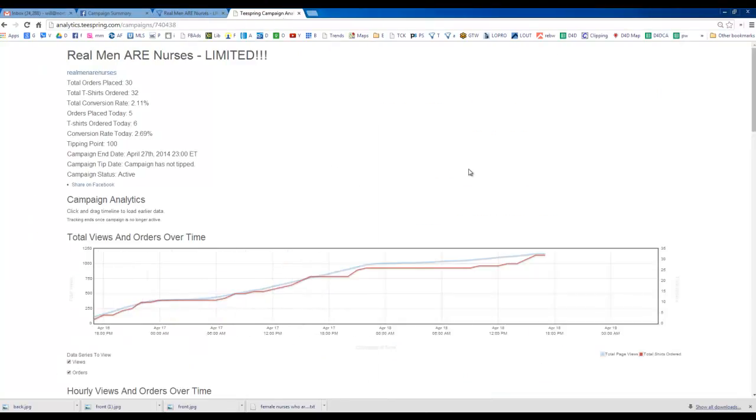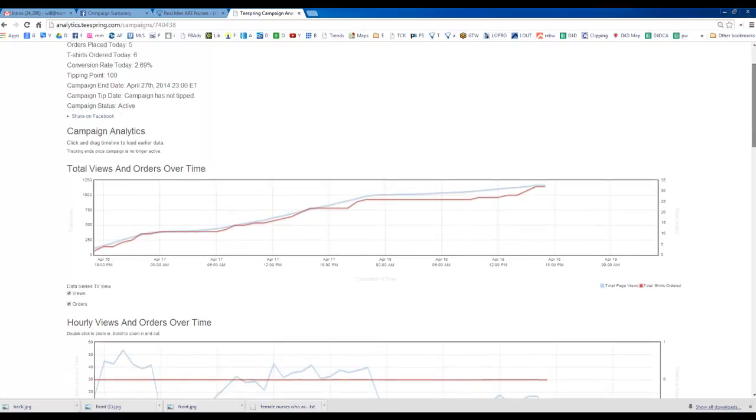Sometimes these are an easy read, sometimes they're not. You can see here how our sales have been going with our traffic. We should be seeing a spike in traffic because I just increased the budget.